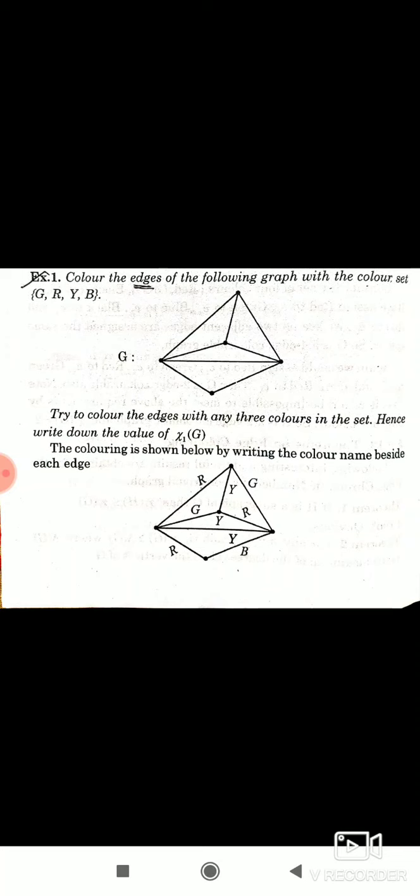Now consider the problem. Color the edges of the following graph with the color set green, red, yellow, black. Try to color the edges with any three colors in the set. Hence, write the value of chi1(G).